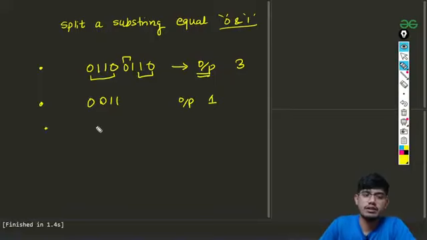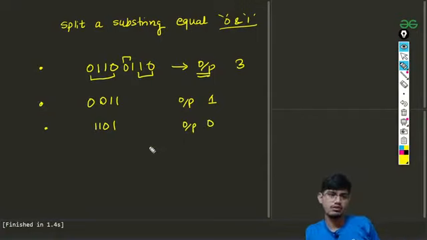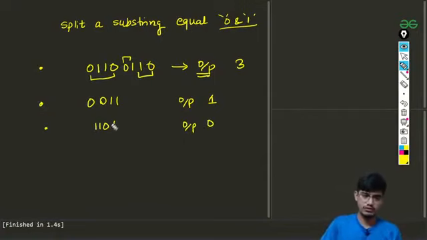If we have something like this, the output will be 0, because we don't have anything contiguous. If you take an example like this, it will be only 1.